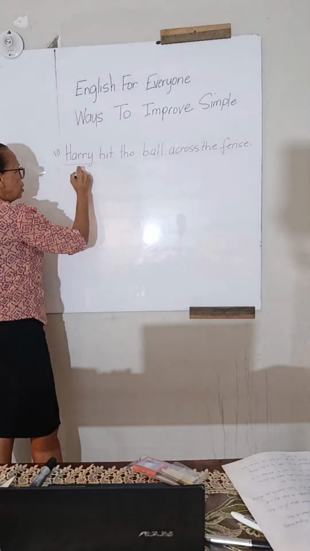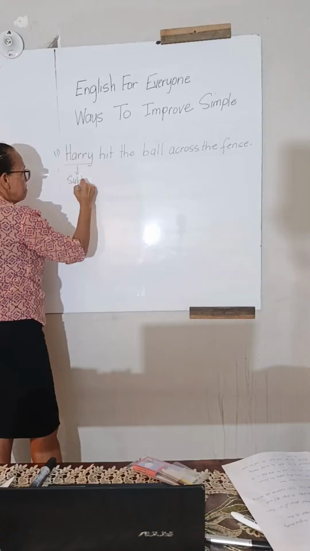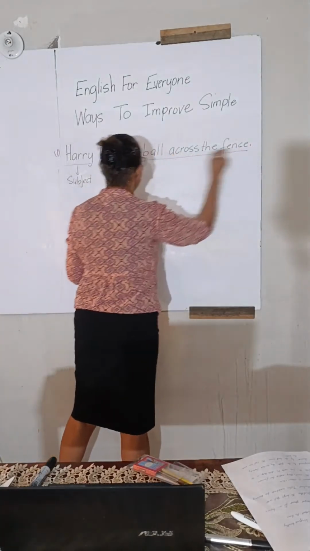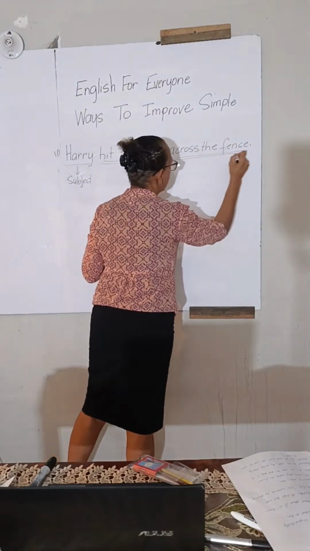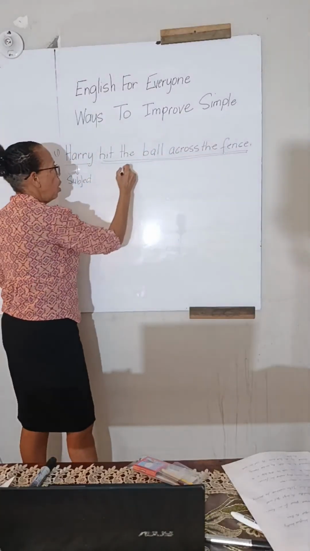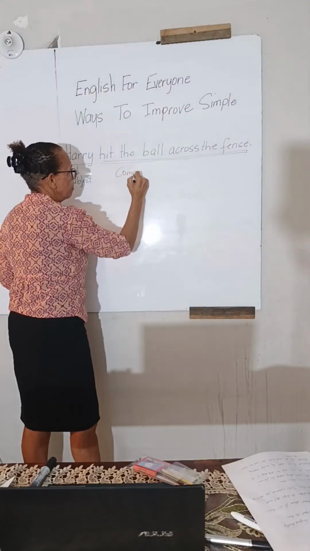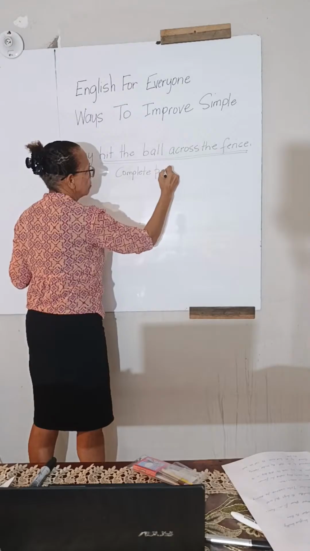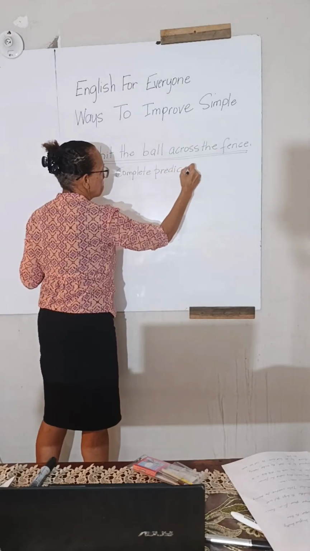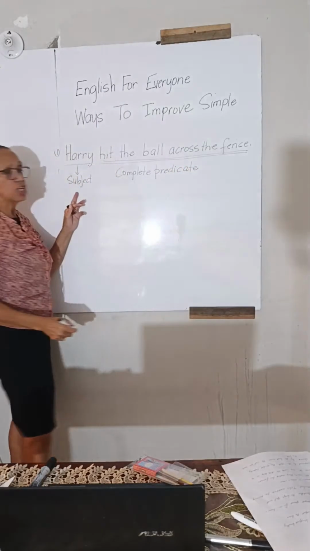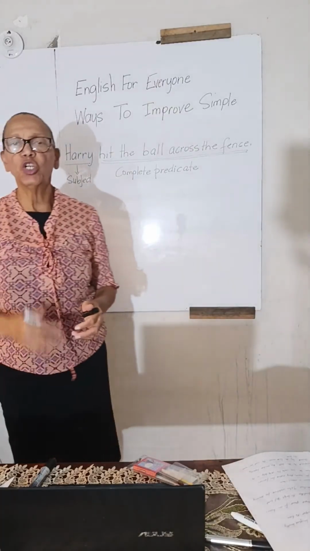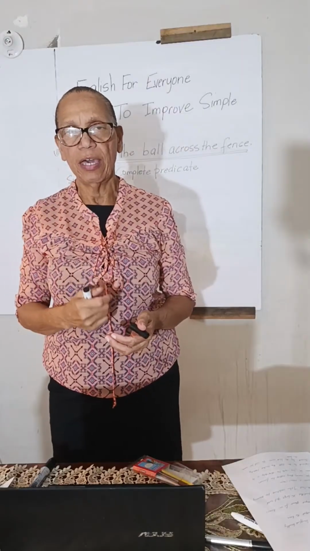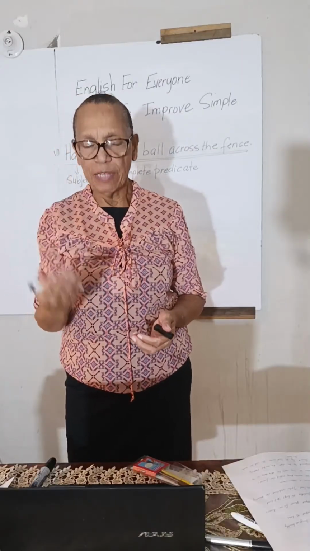This is the subject. And the predicate is all of this. I'm putting a double line under the predicate. This is a complete predicate. But this is just the main subject. So you don't have a complete subject there. You only have a main subject and a complete predicate.